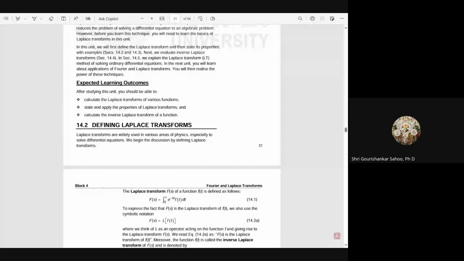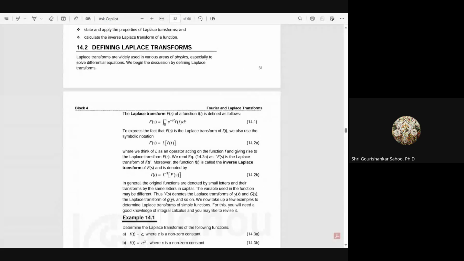Then similarly you can have your Laplace transform. Laplace transforms are widely used in various areas of physics, especially in differential equations. So the Laplace transform F(s) of a function f(t) is defined as follows: capital F(s) is equal to integration 0 to infinite e to the power minus st f(t) dt.